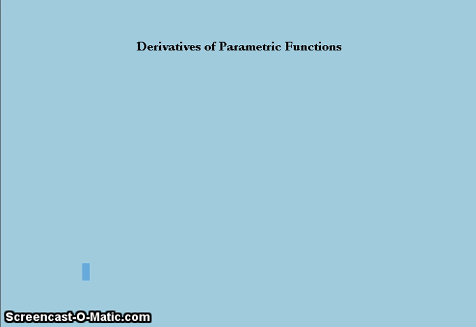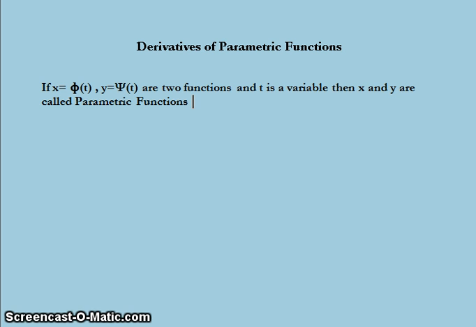Now a parametric function can be defined by considering x and y which are functions of a single variable. For example, x is equal to phi of t and y is equal to psi of t, and t is a variable. In such a case, x and y are said to be parametric functions or parametric equations, and t is called the parameter.